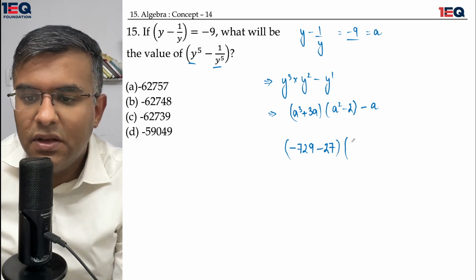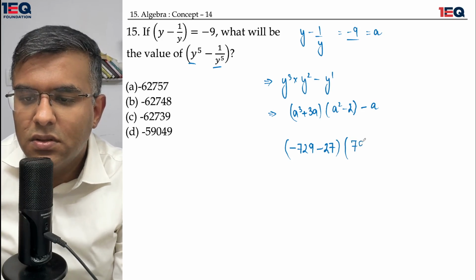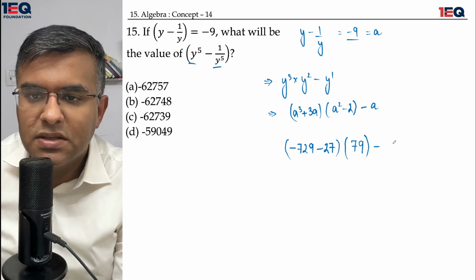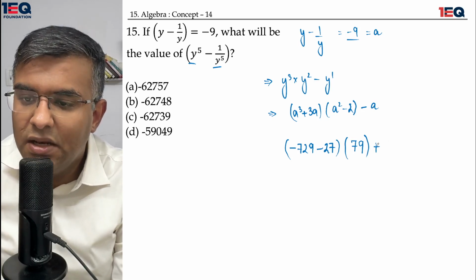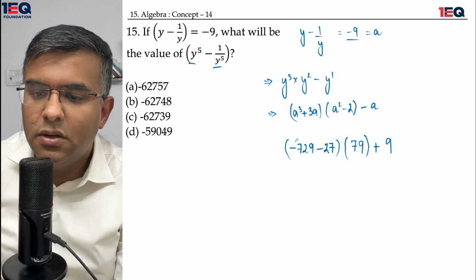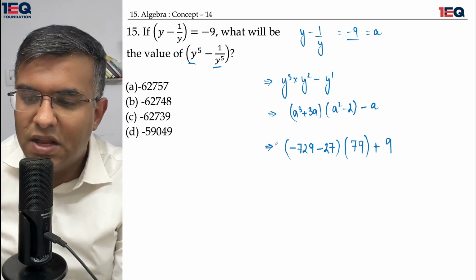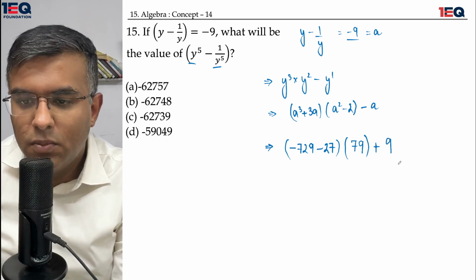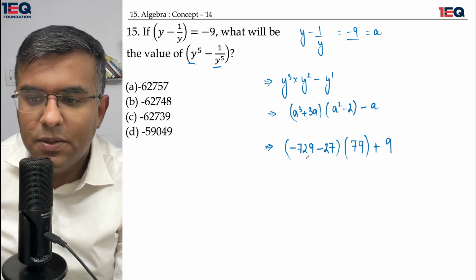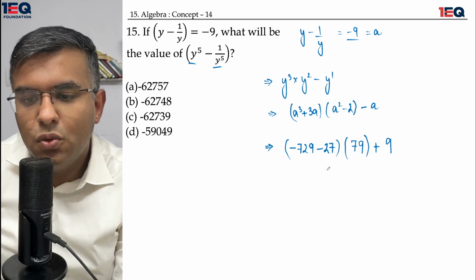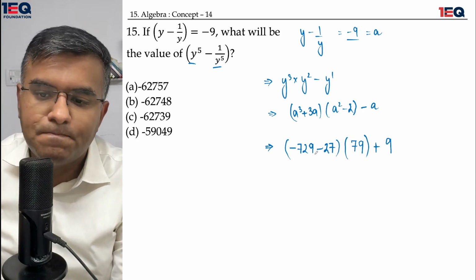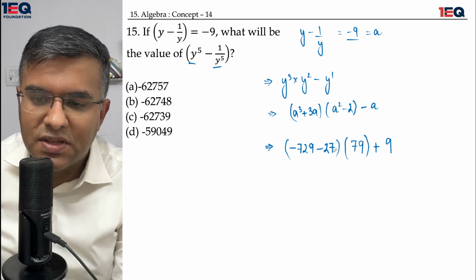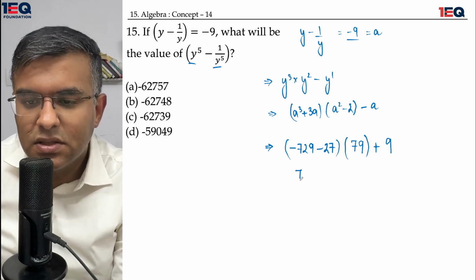A square is 81. 81 minus 2 is 79. Now another minus is required, and that minus would turn itself into plus because it is minus 9. Now I have this situation with me where I have a huge value, and how much is it? 4 plus 6. This is 756.